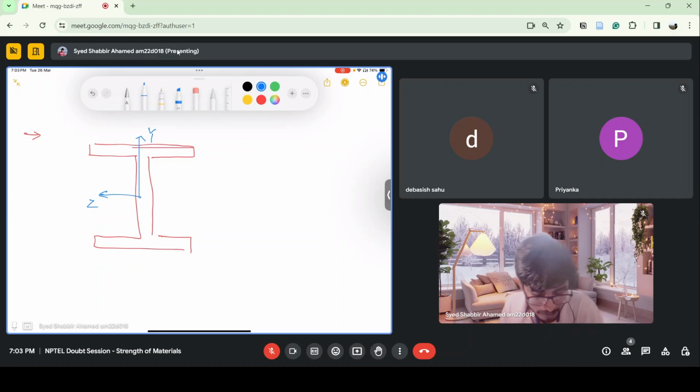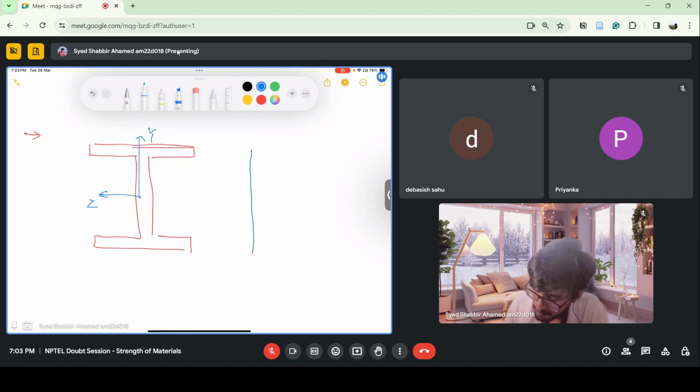A section of the I beam. How does tau xy vary along the depth of the beam? Tau xy.